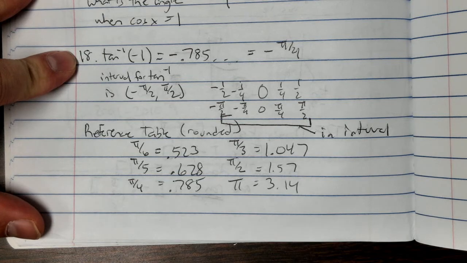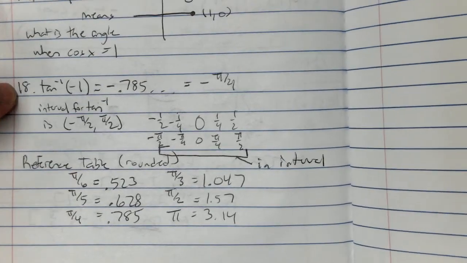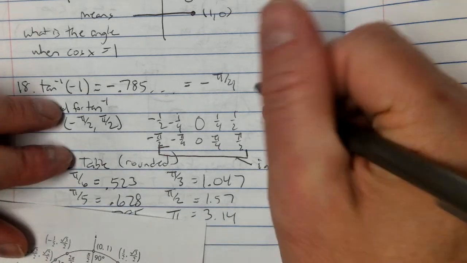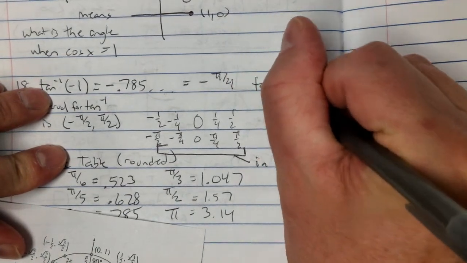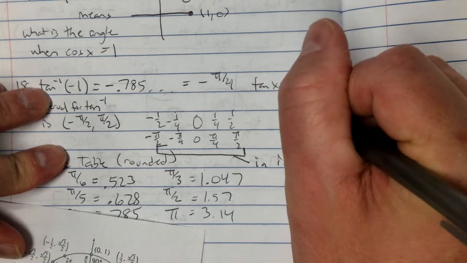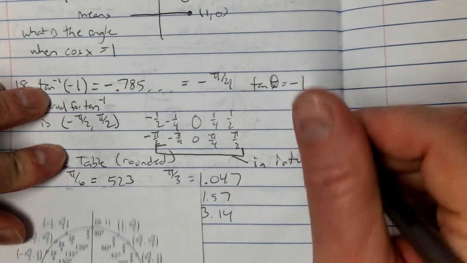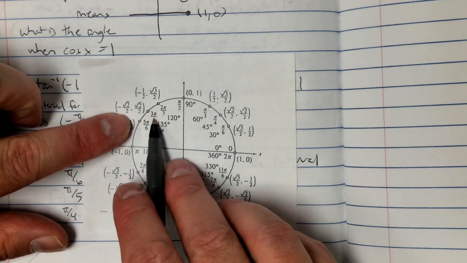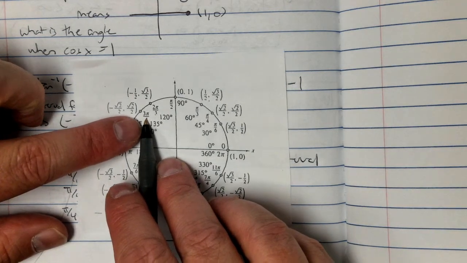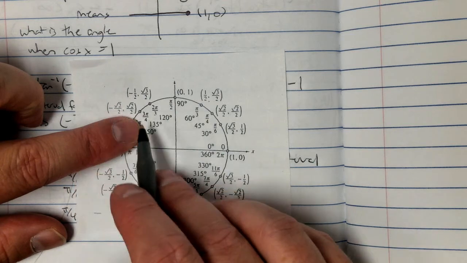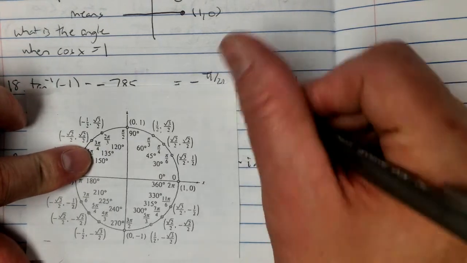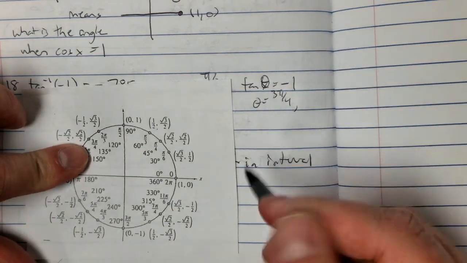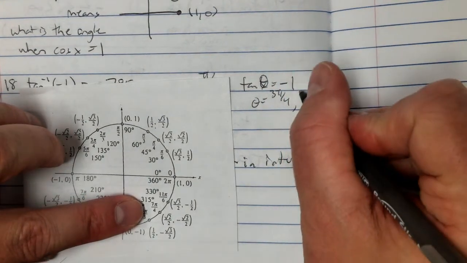The other thing to think about, tying it into what we've done before, is if tan theta is -1, that's when the x and y values are the same, except for one of them being negative. So 3 pi fourths as well as 7 pi fourths.